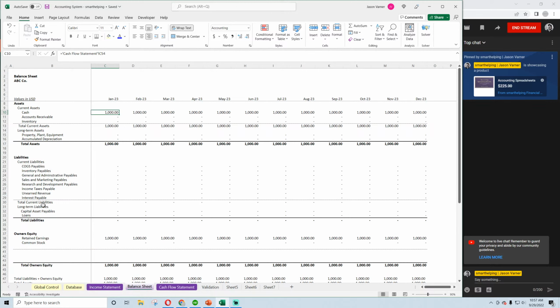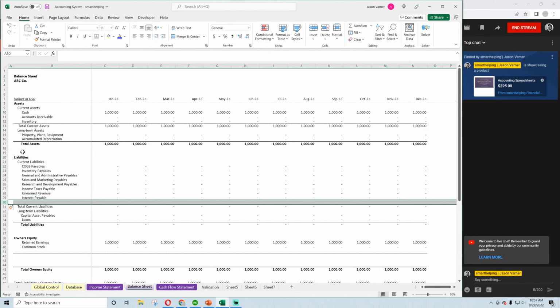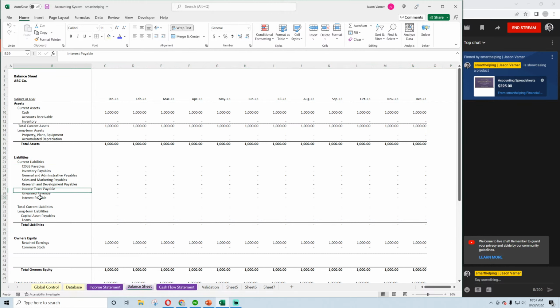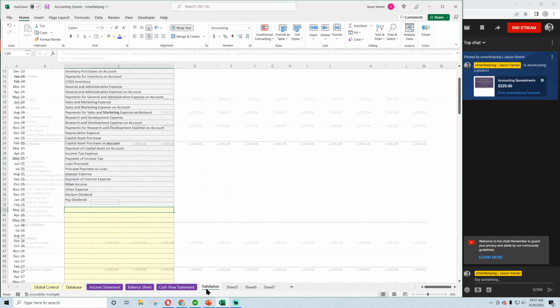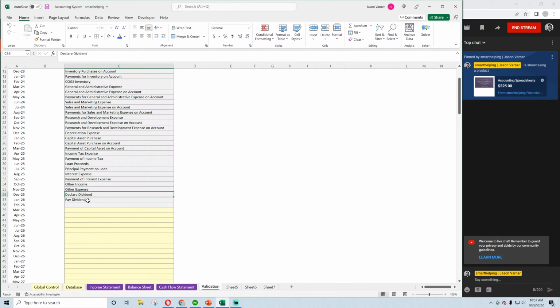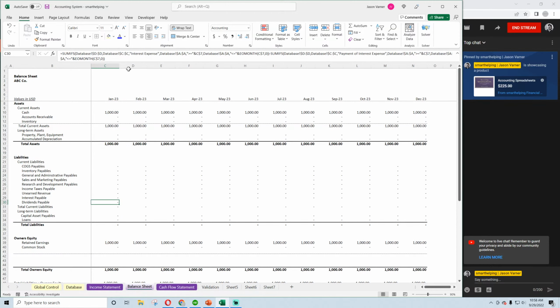Balance sheet, we have another current liability, and this is going to be called dividends payable. And dividends payable is going to equal all declared dividends for the month less any dividends that were paid. So declare dividend, pay dividend. Reduce that so it's easier. Declare dividend, pay dividend.